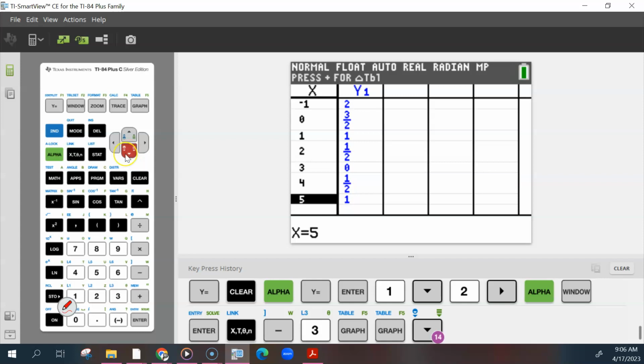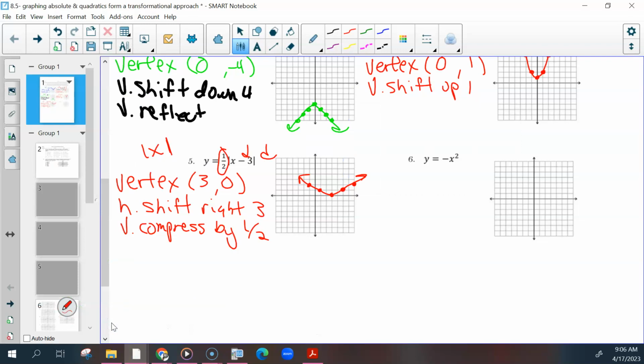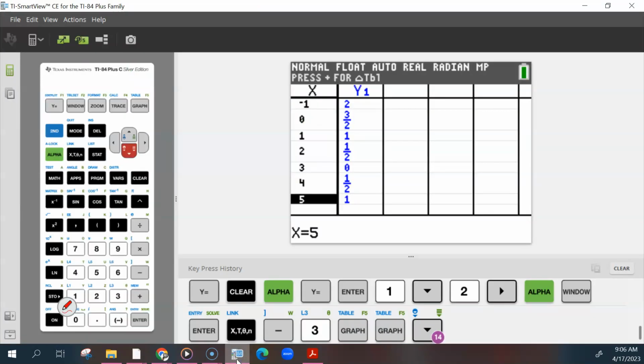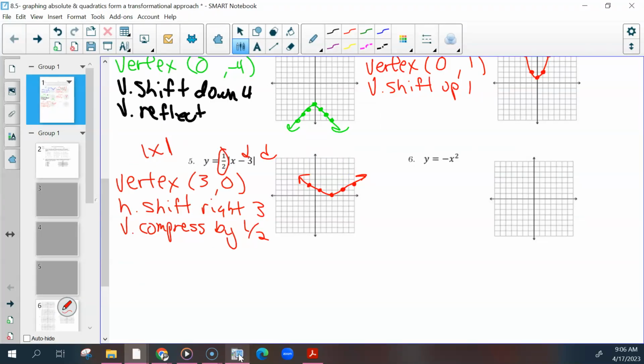And then you really have to be looking at 5, 1, because we went up 1, but right 2. So 5, 1, 1, 1 should be our point. And then negative 1, 2, and 7. And those match. What questions do we have on 5 before we do 6?